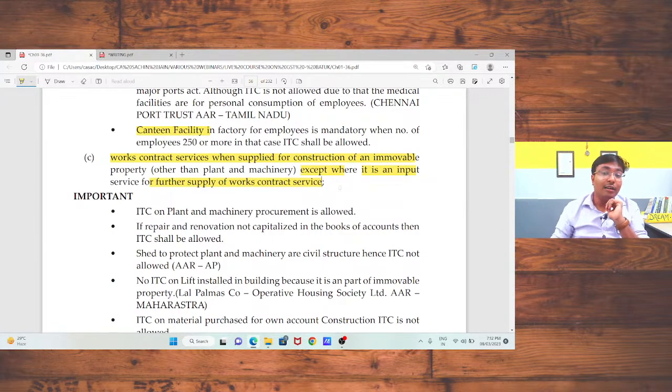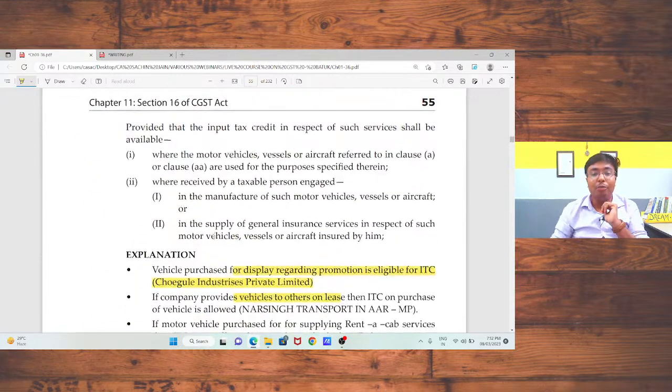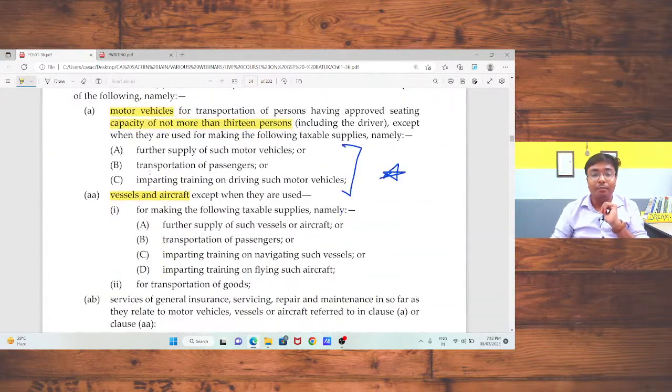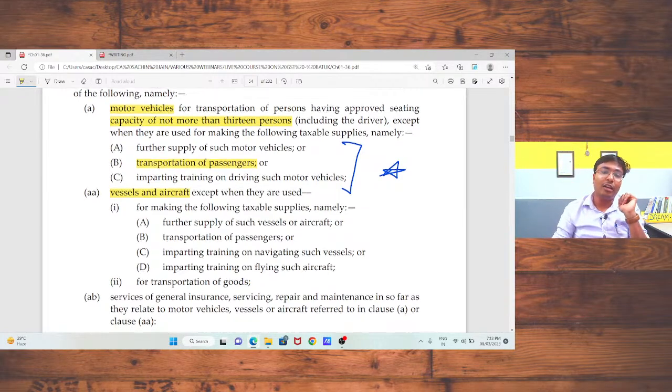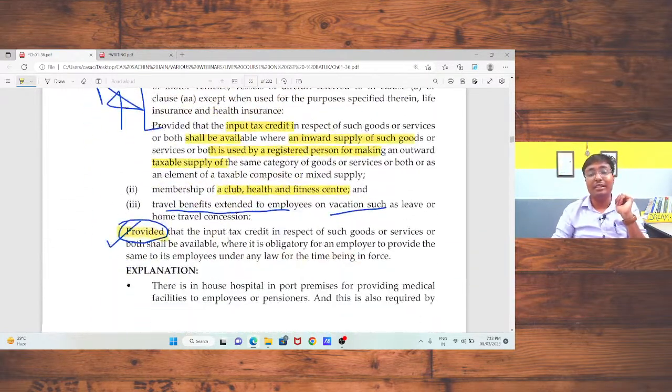Because the law says in case of motor vehicles, transportation of passengers, but this is not a transportation of passengers. Your company is providing these services to your employees only, or this service is not mandatory under any law, hence the input tax credit is not allowed. The input is blocked under section 17 subsection 5.